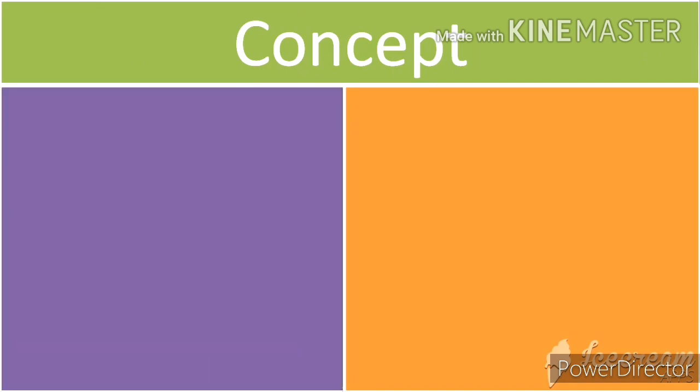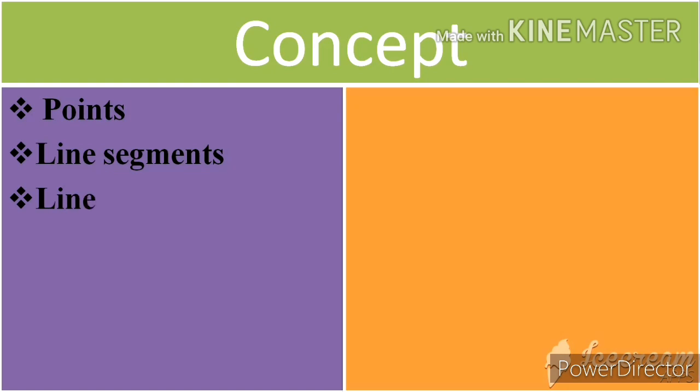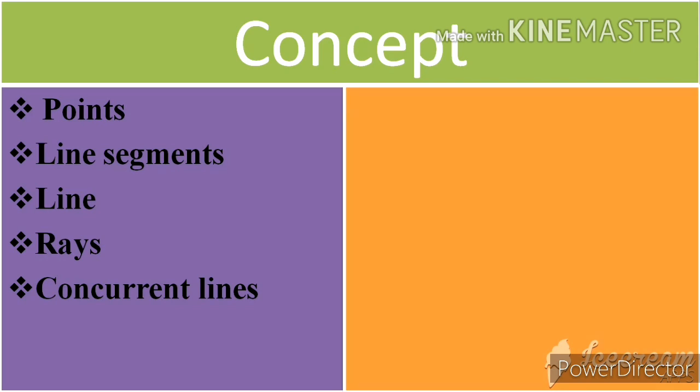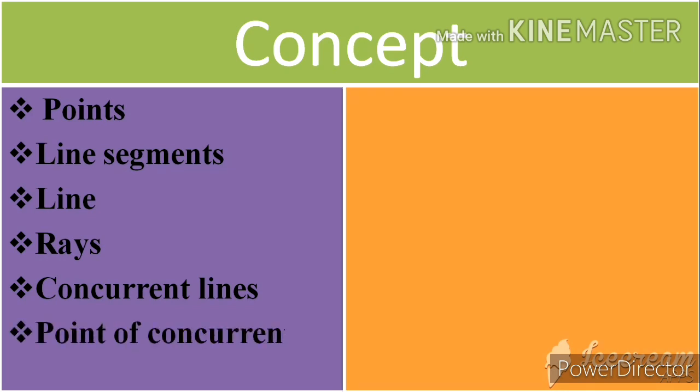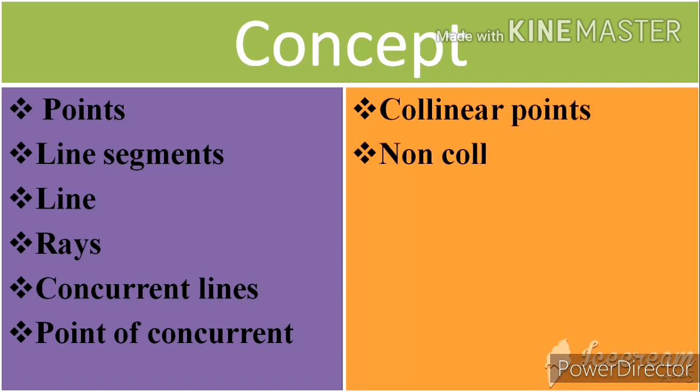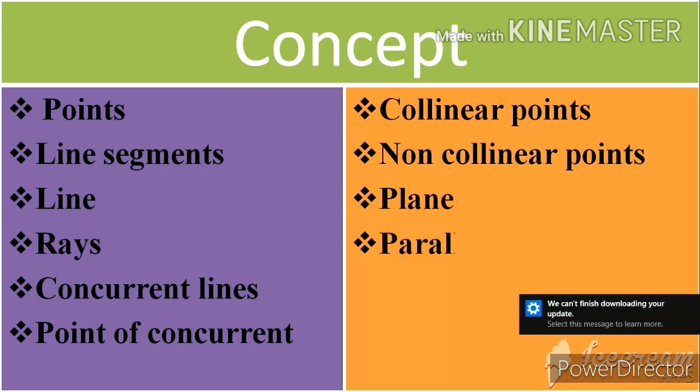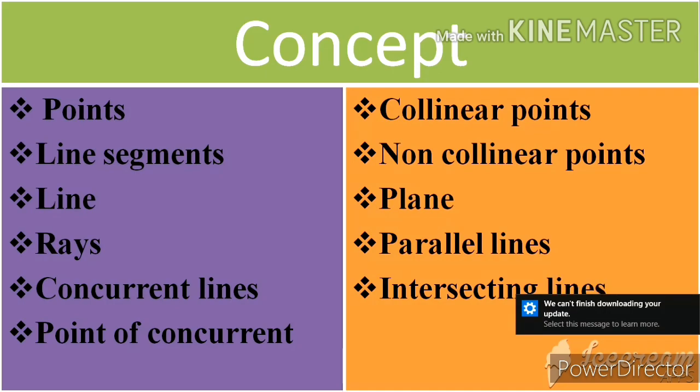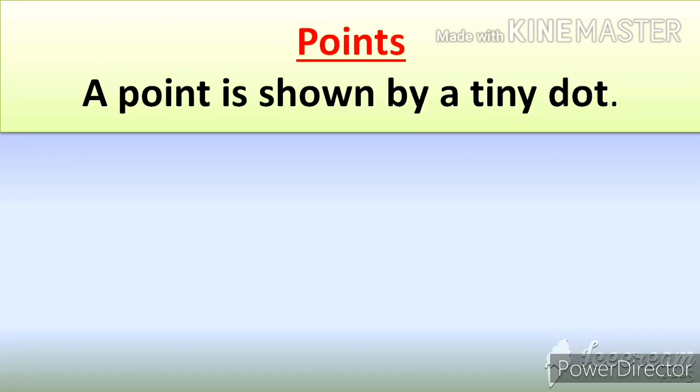For example, we will see points, line segment, line, rays, concurrent lines, points of concurrence, collinear points, non-collinear points, plane, parallel lines, intersecting lines.